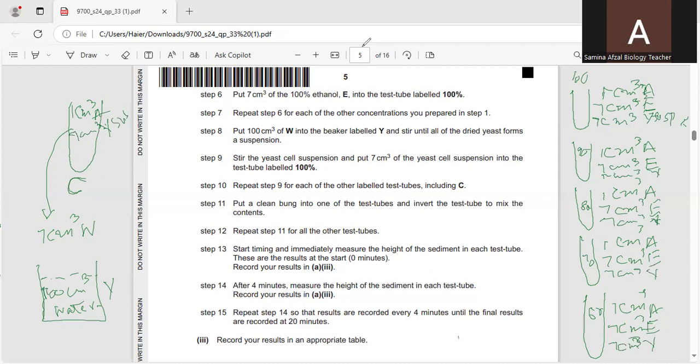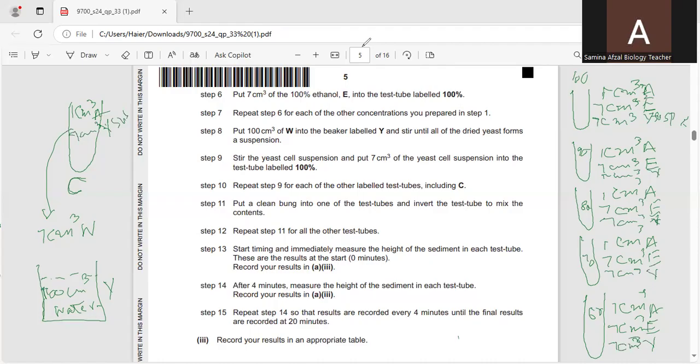Then we have added 7 cubic centimeter of ethanol into the 5 concentration test tubes, 100, 90, 80, 70, and 60. But in control, we have added 7 cubic centimeter of water, distilled water.